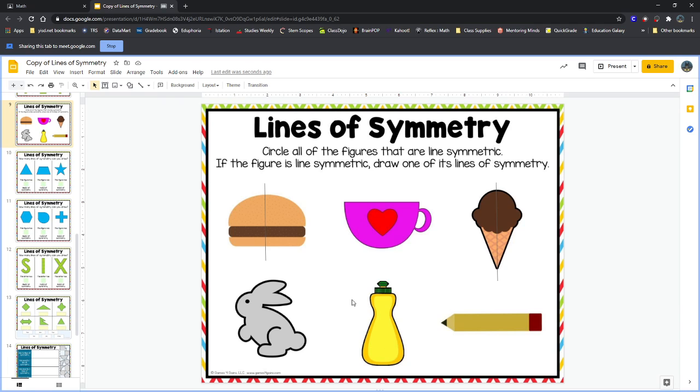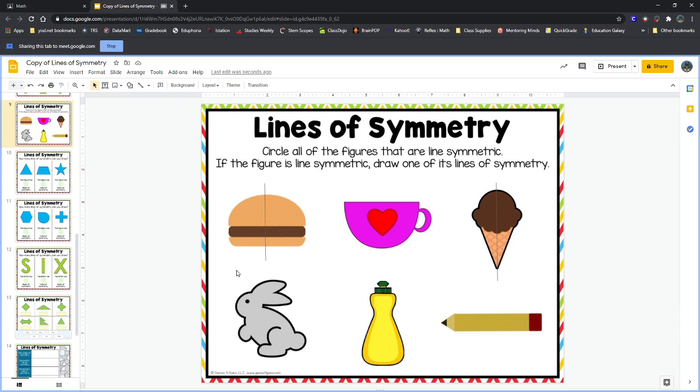What about my soap, my dish soap? Who can tell me, does the bottle of soap have any lines of symmetry? Yes or no? Violet? How many? Okay.